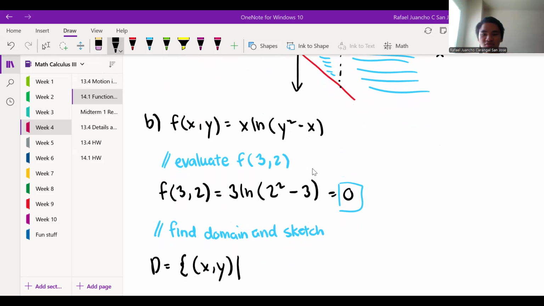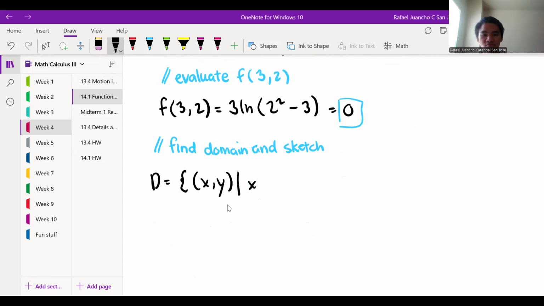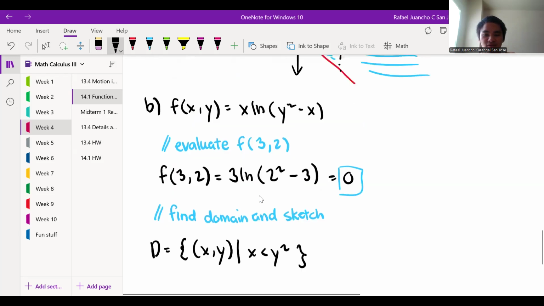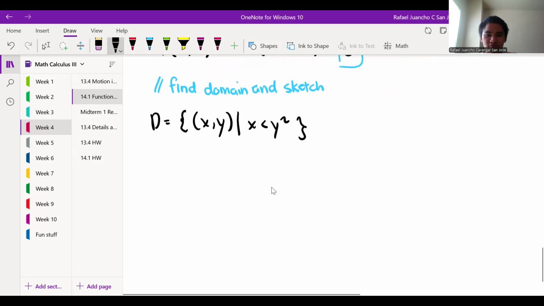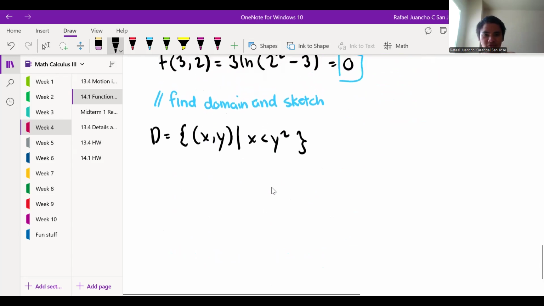Or my x is less than y squared. Any of those would work. I'm just going to copy the textbook because that's what it says. Y squared is greater than x. It still works. And I think that's the only restriction I have in this. Yeah, that's the only one. So that's my domain.